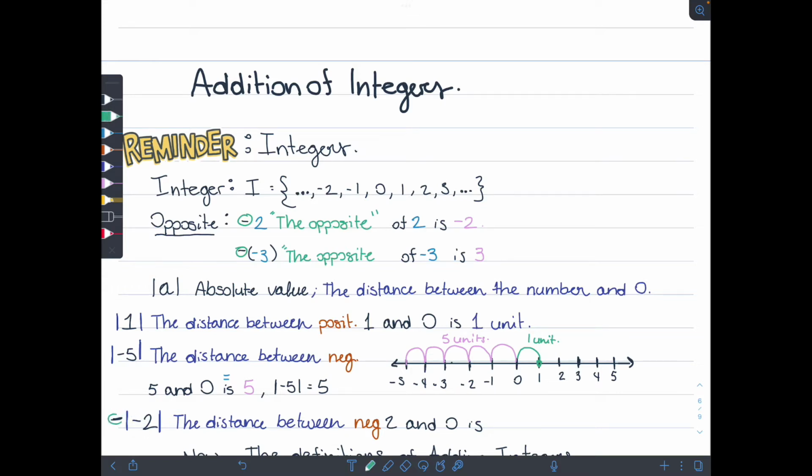However, with this negative sign here, it's saying the opposite. The distance between -2 and 0 is what?